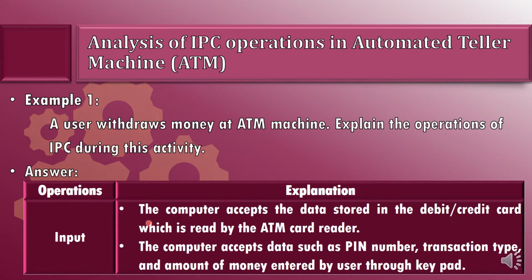We give you 2 examples of answers here. The first one: the computer accepts the data stored in the debit or credit card, which is read by the ATM card reader. The machine that reads the card is called the ATM card reader.